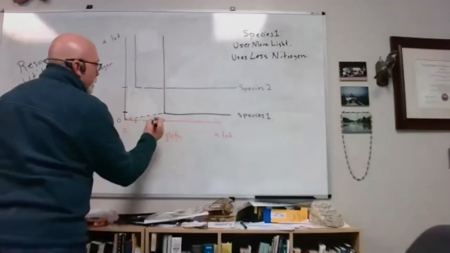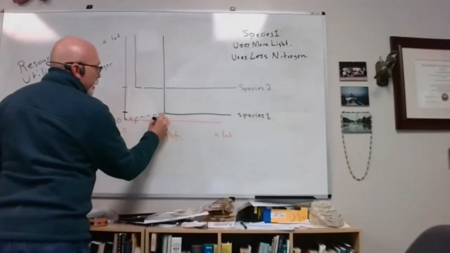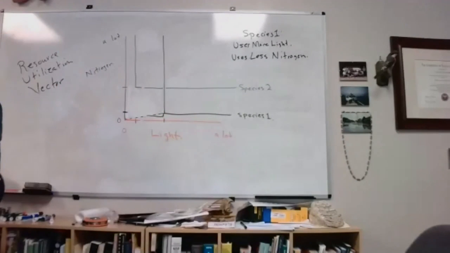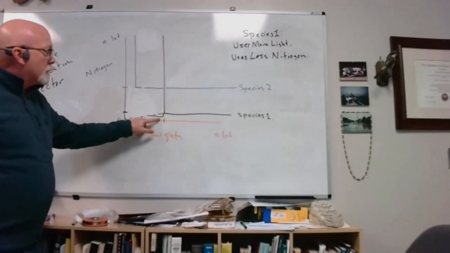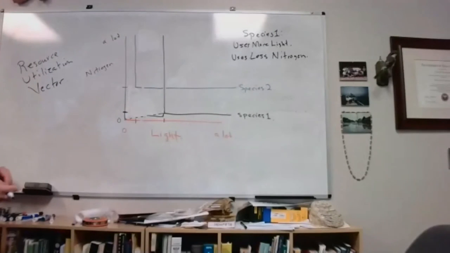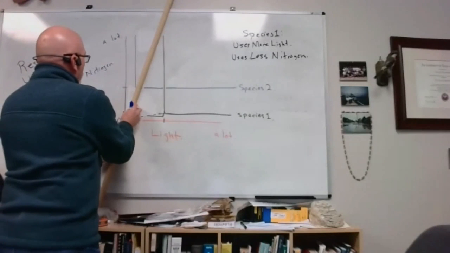And what it shows you is that for a very little amount of use of nitrogen, it uses a lot of light. So if we do the rise over run kind of thing, calculating the slope of this represents how much does it use nitrogen versus how much does it use light. Does everybody understand why I did it that way? In the same way, you can draw something similar for species two.